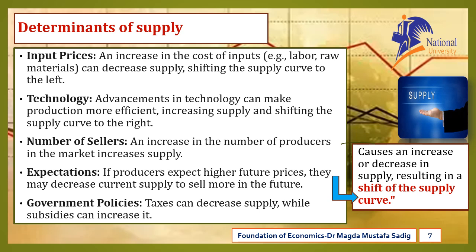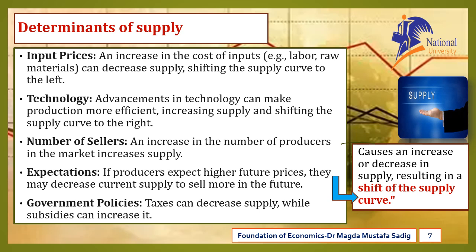Producers' expectations. If producers expect that prices will rise in the future, they might hold back some of their products now to sell later at higher prices. This reduces supply. If oil-producing countries expect crude oil prices to increase next month, they may reduce current production to maximize future profits.